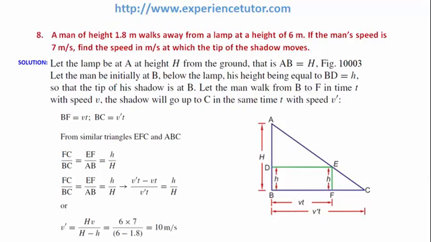From similar triangles EFC and ABC, FC by BC is equal to EF by AB is equal to small h by capital H, which tends to v dash t minus vt upon v dash t is equal to small h by capital H. Therefore, v dash is equal to capital H v upon capital H minus small h.